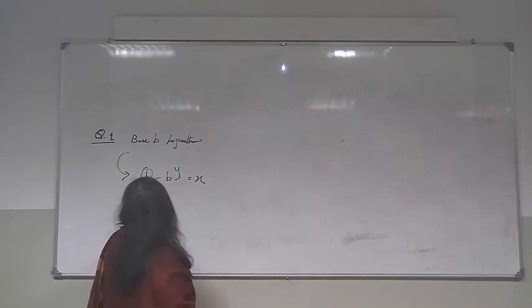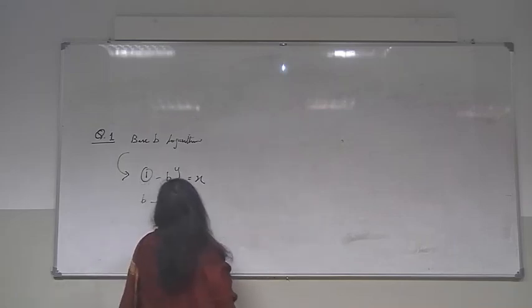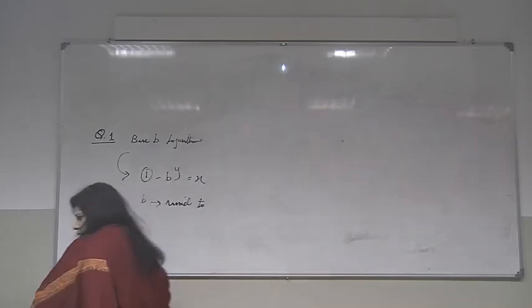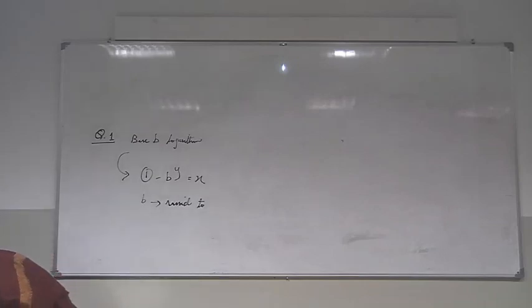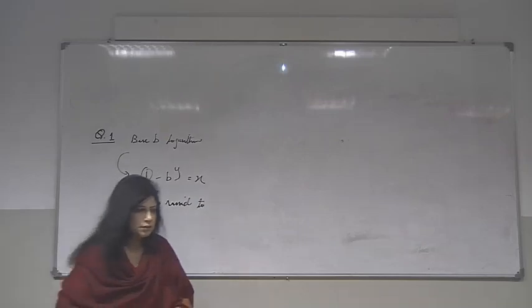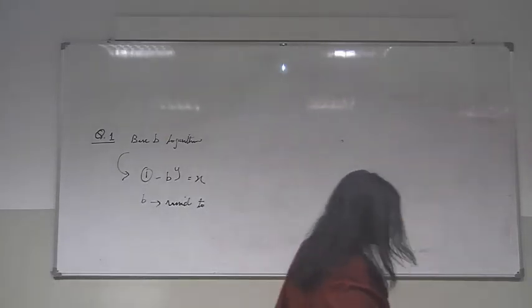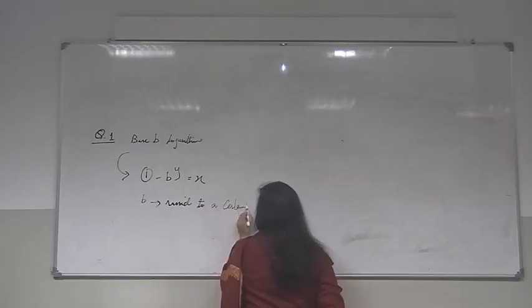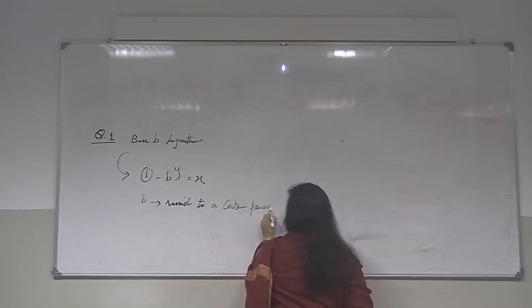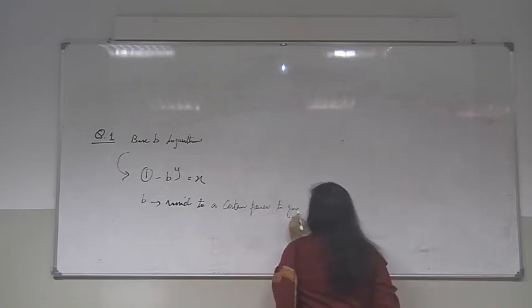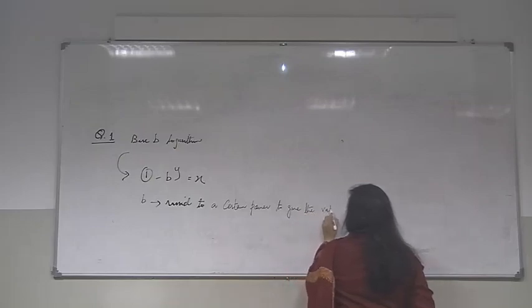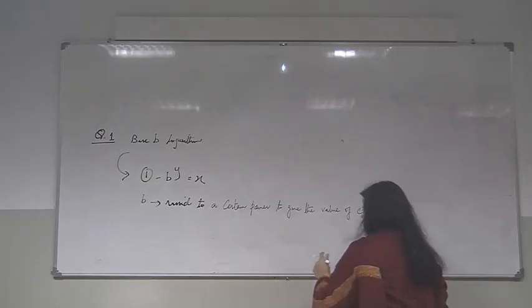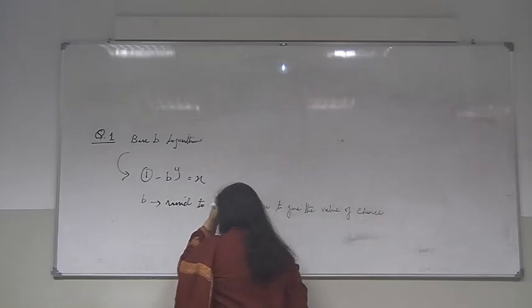So you see that when b is raised to a certain power, it gives you the value of your choice, or the objective that we need to find out.